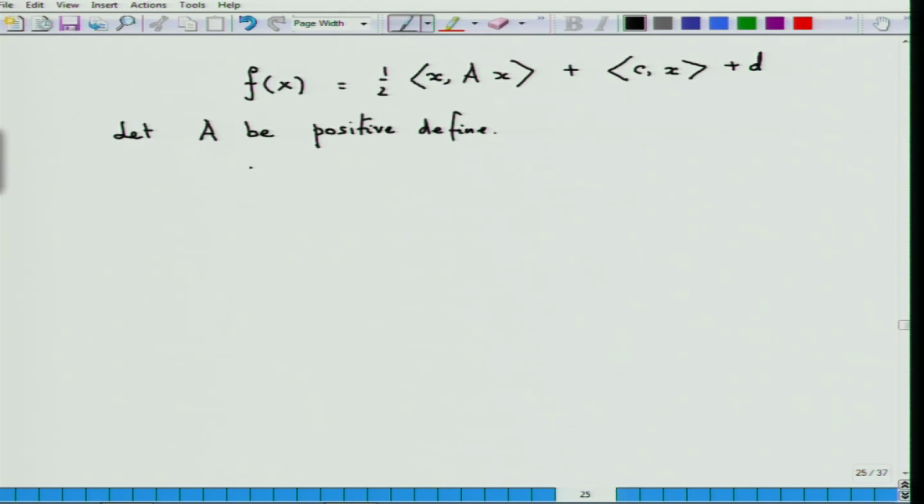So, now observe that the gradient of f(x) of this function is Ax plus c, while the Hessian matrix at any x, whatever be your x, is A, and thus the Hessian is positive definite.